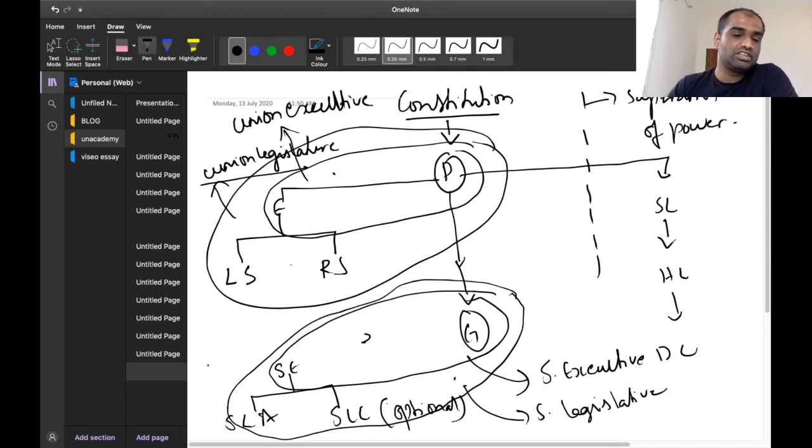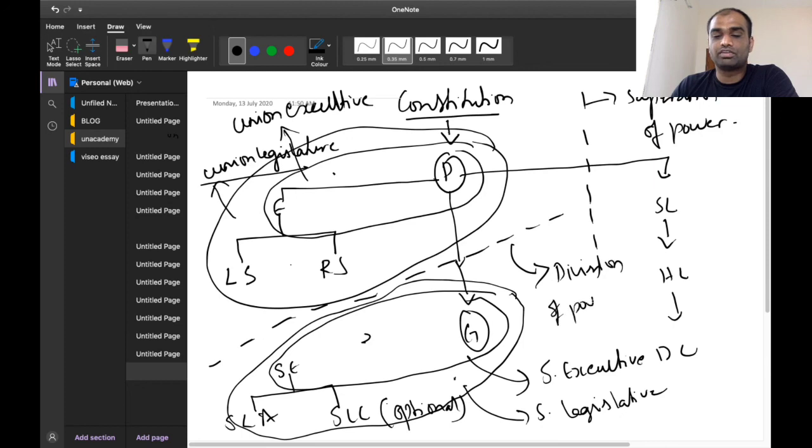Now, there is a thing which divides these two forms of government. Now, this division is termed division of power. Clear? There is a division of power between the central government as well as the state government.